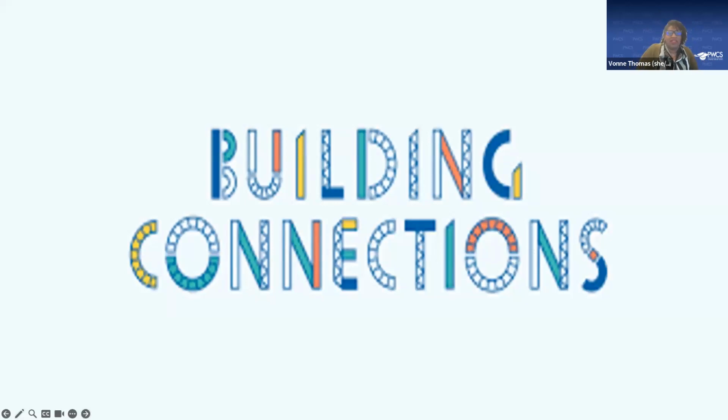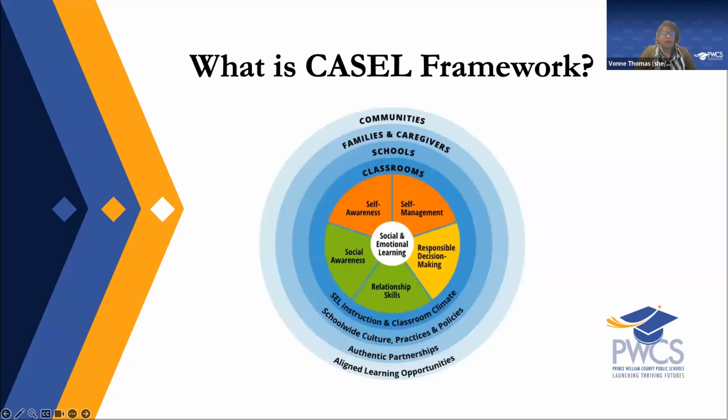We hope that that video brought just a little bit of clarification of what we're doing here and what we believe is true SEL. So in that video, we talked about the CASEL framework. And what exactly is that? I just want to clarify a few things.